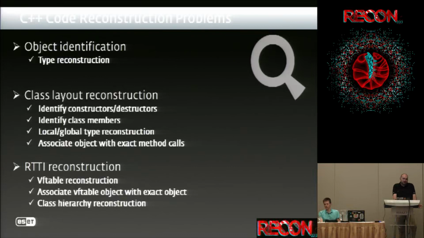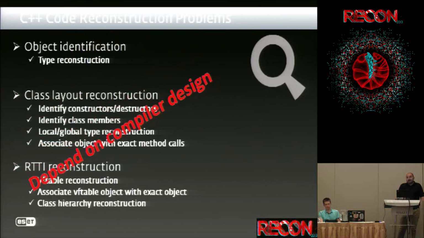The first, of course, is object identification, because you have to manually recognize the objects and identify the class layout, identify constructors, destructors, and reconstruct RTTI objects. And it depends on the compiler design, and each time you need to recognize how the code was compiled for this compiler.